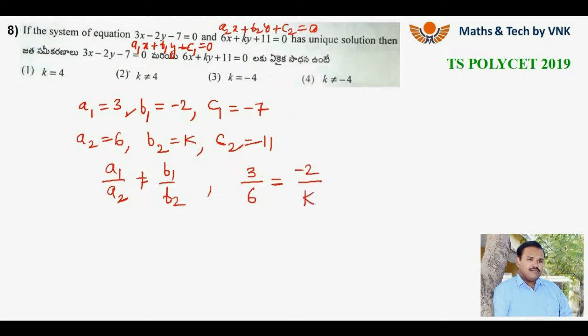So here 3 twos are 6, that is 3 ones are 3, 3 twos are 6. So now this expression becomes 1 by 2 is not equal to minus 2 by k. So cross multiplication, k not equal to minus 2 into 2, that is minus 4. k not equal to minus 4, so the correct option is 4.